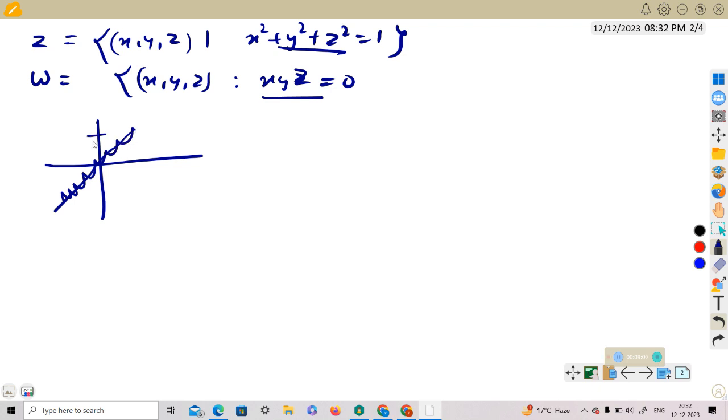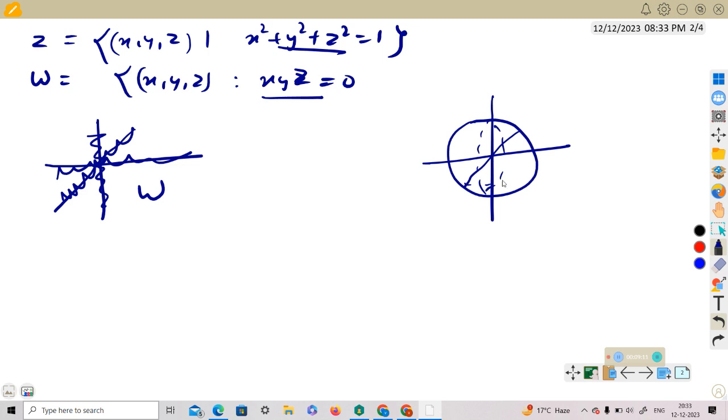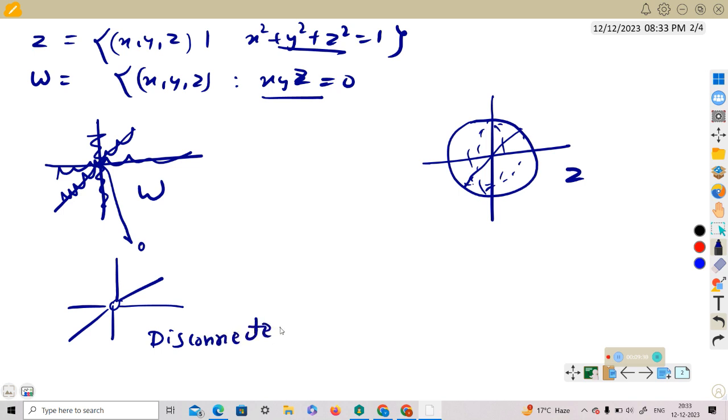All these lines are W and this is the sphere, this is Z. Now just observe that if we take out this element from W, then it looks like this. Now it has become disconnected. But if we remove one element from the sphere, let's say this point, it's still connected.